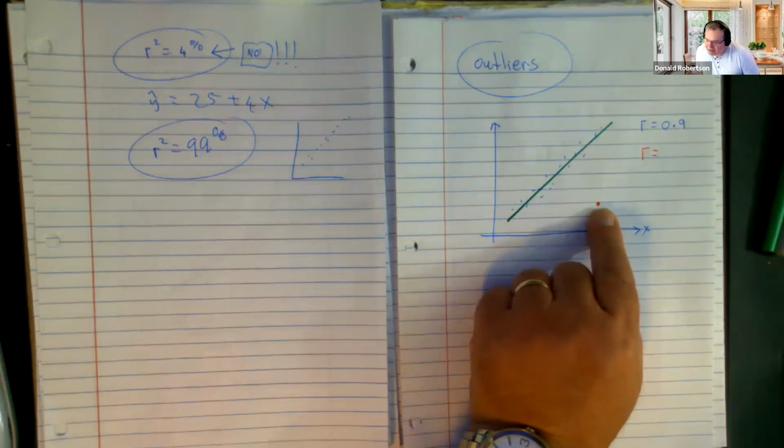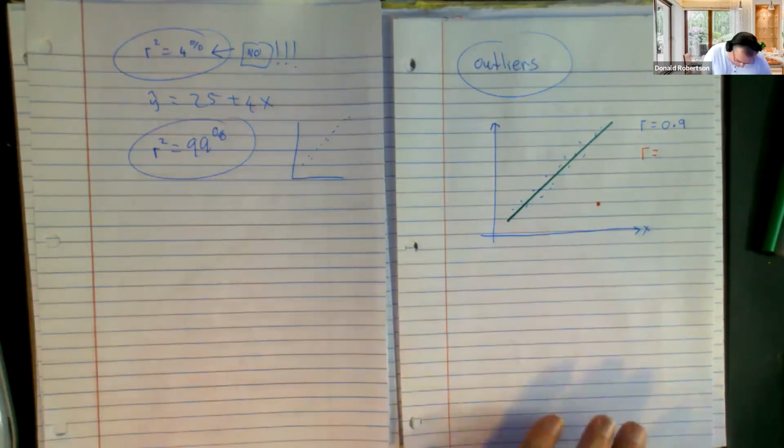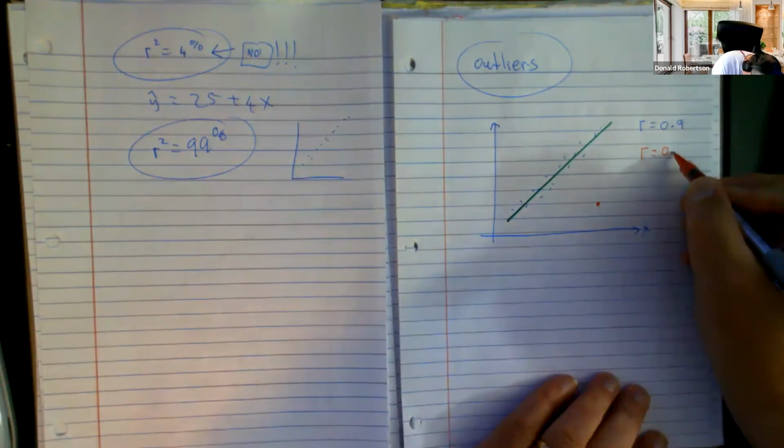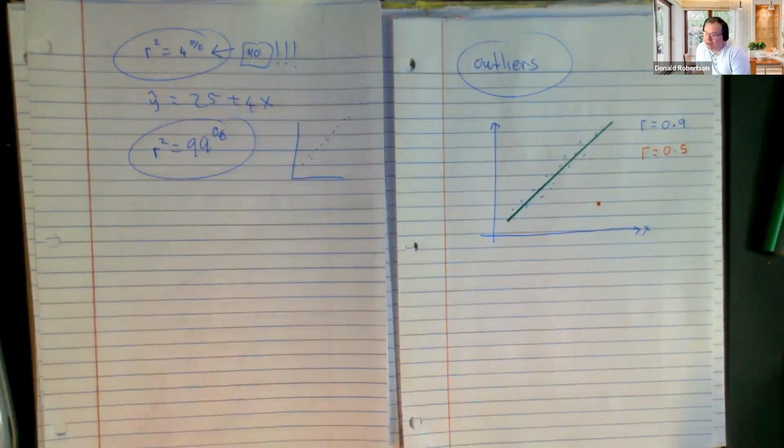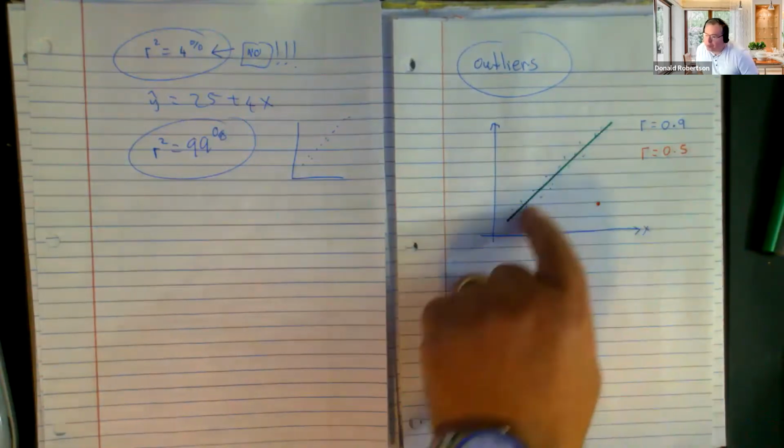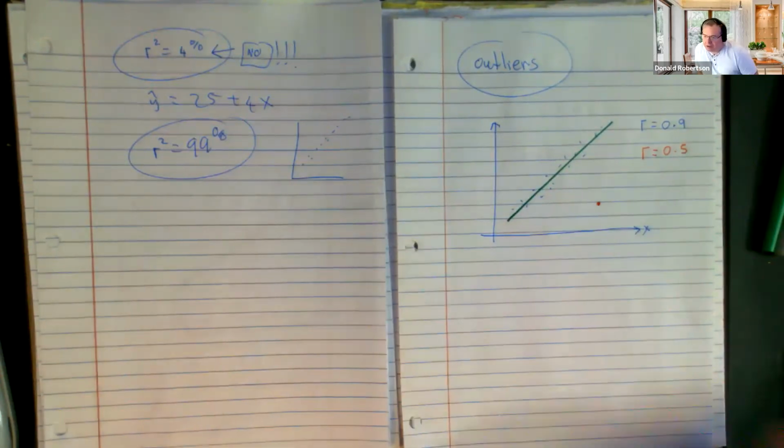You remember you might have 19 people all about the same, and then Bill Gates with $40 billion, doesn't the average shoot up miles away? Outliers are dangerous. That particular one could kill the R value. If there's not a lot of points, that one outlier could kill that data.